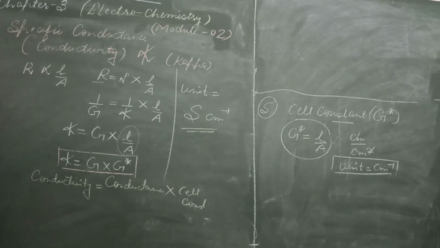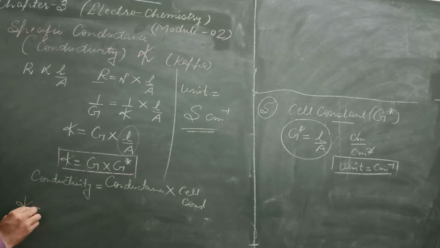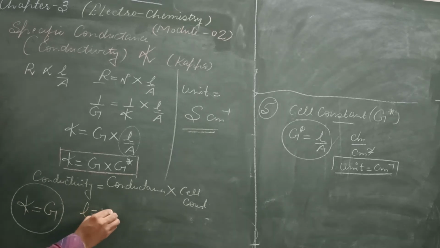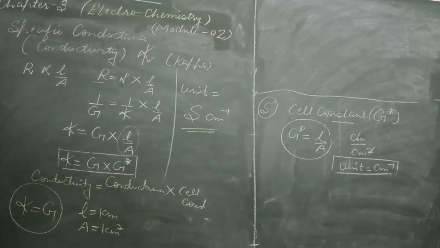And for definition, kappa equals G when length equals 1 centimeter and area of cross section comes out to be 1 centimeter square. So let's define it.